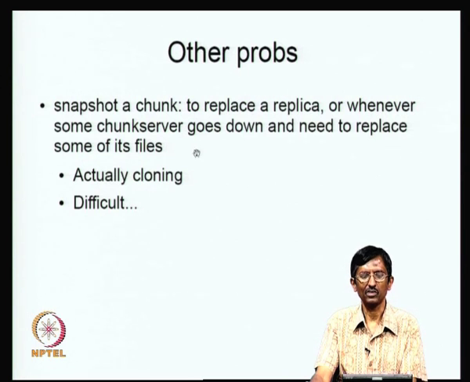Generally a snapshot in any file system is difficult, and they had provided this functionality so that you can replace a replica, or whenever a chunk server goes down, we need to replace its files, basically have a snapshot so that you can repopulate it very quickly. But this turns out to be quite complex, and this has slowed down or created difficulties in other parts of the system.